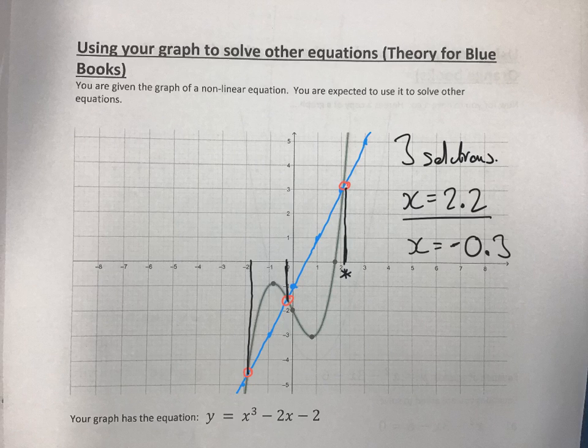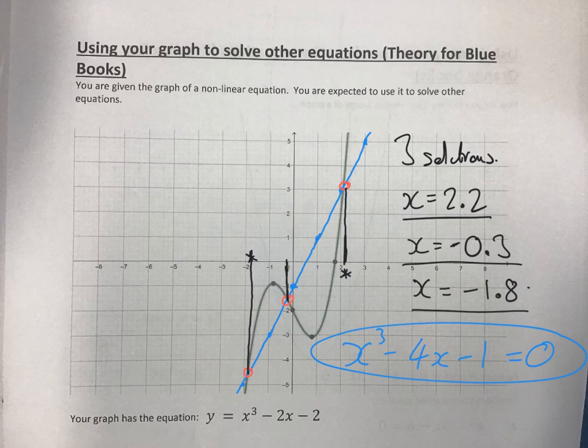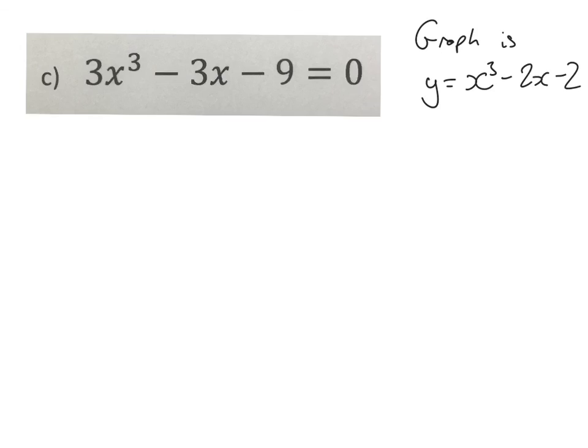And then the very final one is x is equal to minus 1.8, or thereabouts. Again, it's this one here, just so you can see which ones they are. And those are the 3 solutions to the equation that will pop up on the screen at the bottom. Okay, so they are the solutions to this equation, and we are finished with the question at that point.